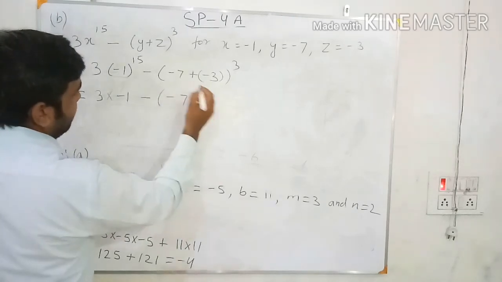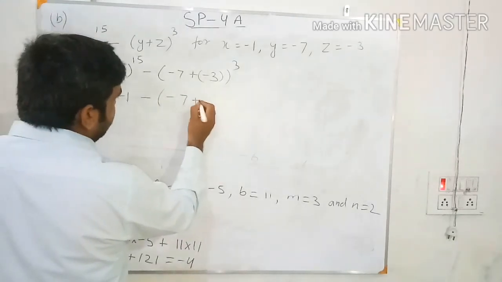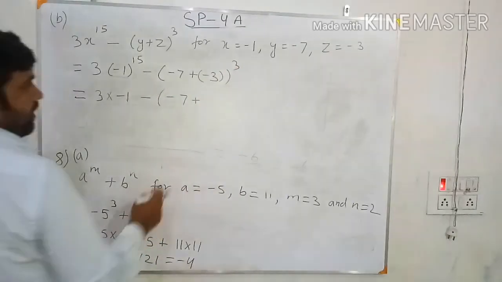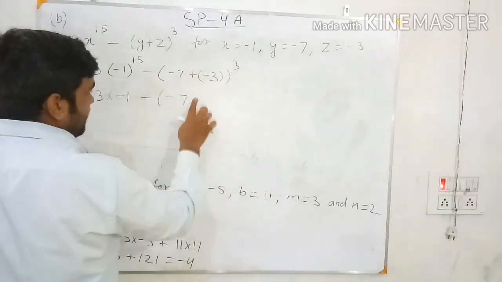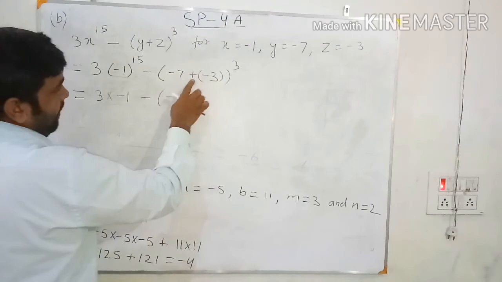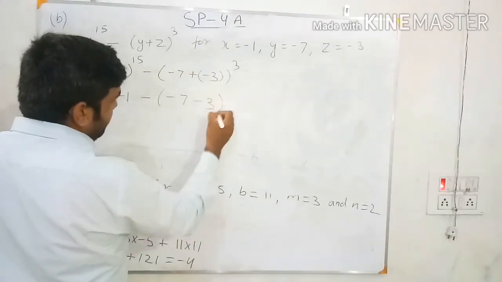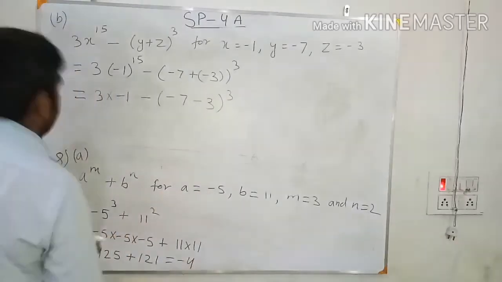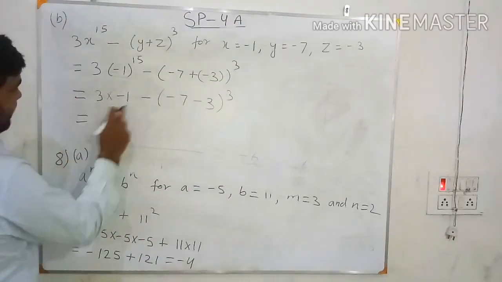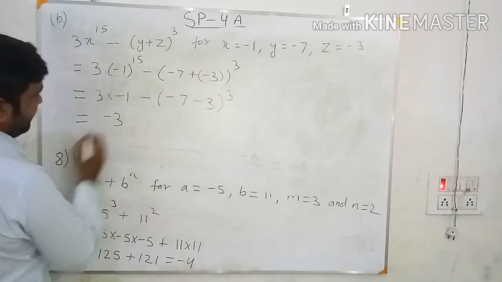Minus 7. Now here you see the whole cube. So plus times minus, here you multiply, plus minus minus 3. Now whole to the power 3. The next plus minus minus, that is the minus 3.